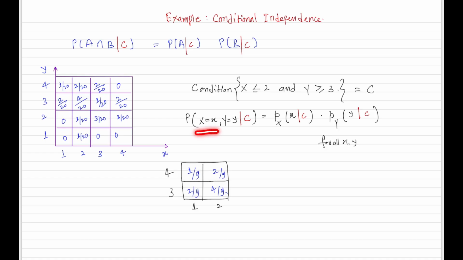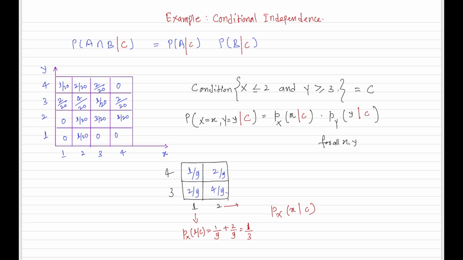Alright, since you have got all the possible joint probabilities of all possible pairs under this condition C, let's find out the marginal PMF under this condition C. What will be the marginal PMF of random variable X given this condition C? When X takes the value 1, the marginal PMF will be 1 divided by 9 plus 2 divided by 9, that is 3 divided by 9 or 1 divided by 3.